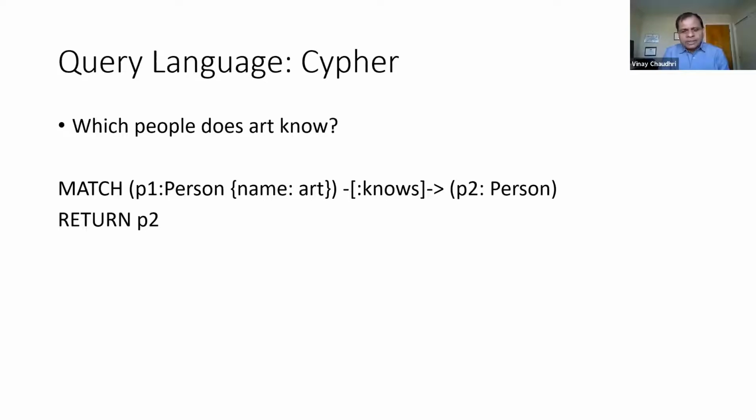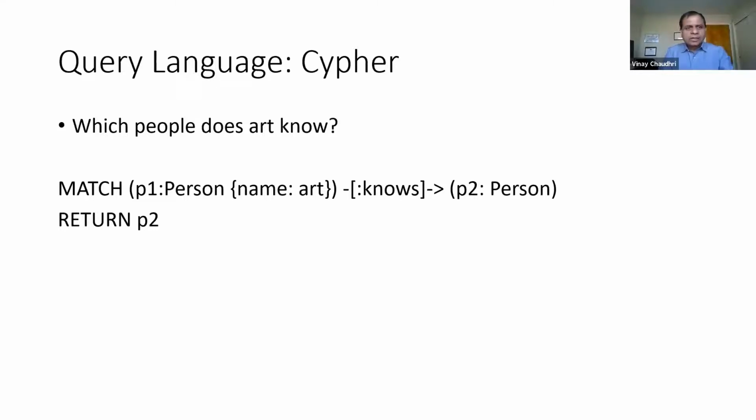But the main thing to note here is that we have also written a triple, but in a notation which is more popularly known as ASCII notation for graphs. The first set of parentheses represents a node. The second set of parentheses at the end also represents a node, and in between we have the edge.